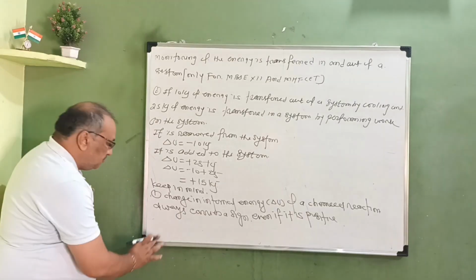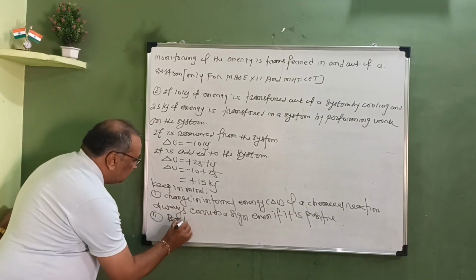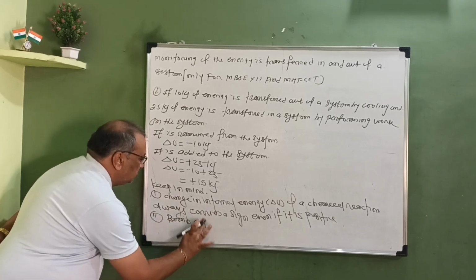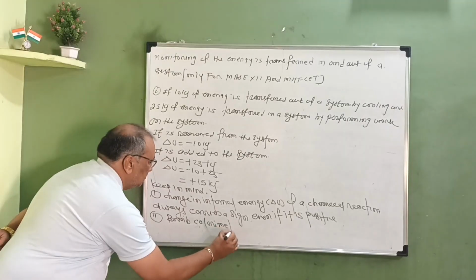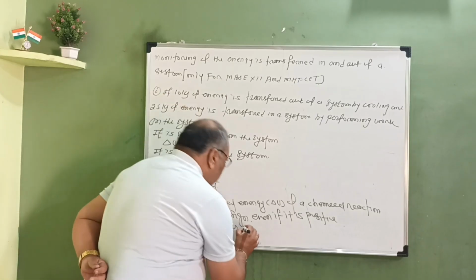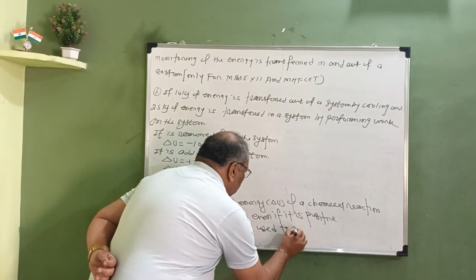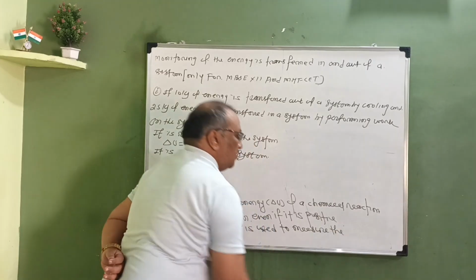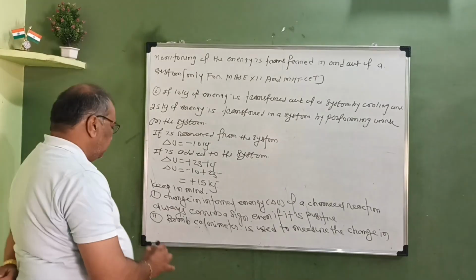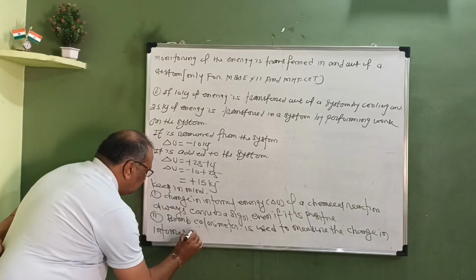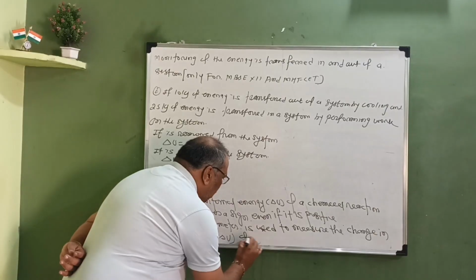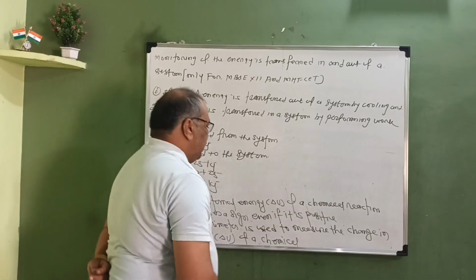Now second, bomb calorimeter is used to measure the change in internal energy delta U of a chemical reaction.